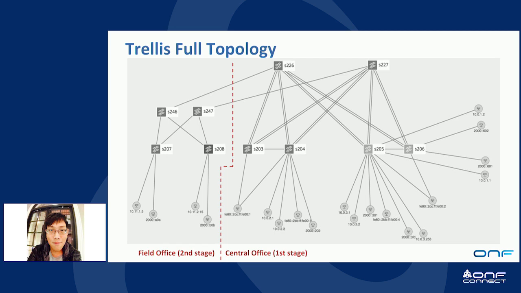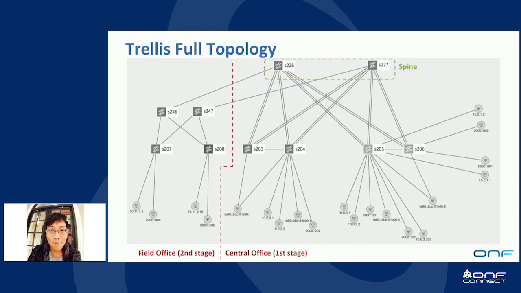On the left-hand side, you're going to see a second stage or a secondary fabric, which is usually deployed in a field office that's closer to the customer. A typical distance between a field office and central office is somewhere around 80 kilometers. And then on the left-hand side, it will further go to the access device and customer.